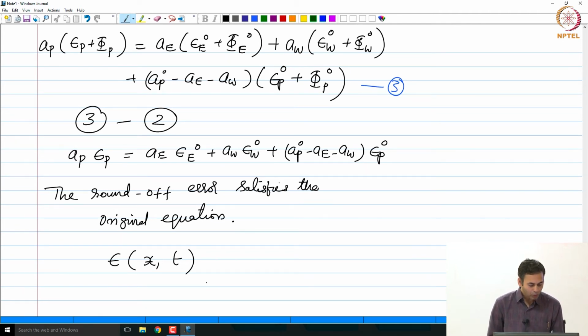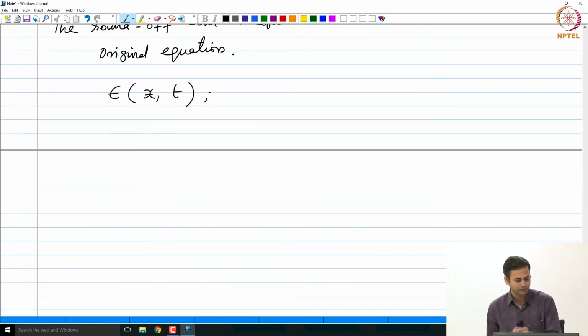Now, what is it that we are actually looking for in terms of stability? We said a scheme would be stable if the round off errors decrease or do not increase. That is the only condition. That means, the round off errors should not grow from time step to time step. So, if we consider a particular x and between 2 time steps, that is t and t plus delta t, what will be the ratio between the round off errors for these 2 time steps?